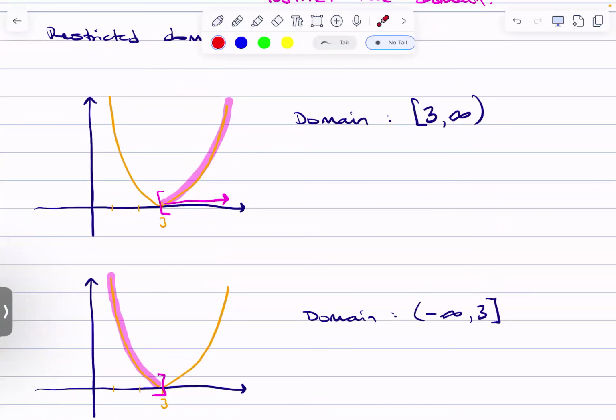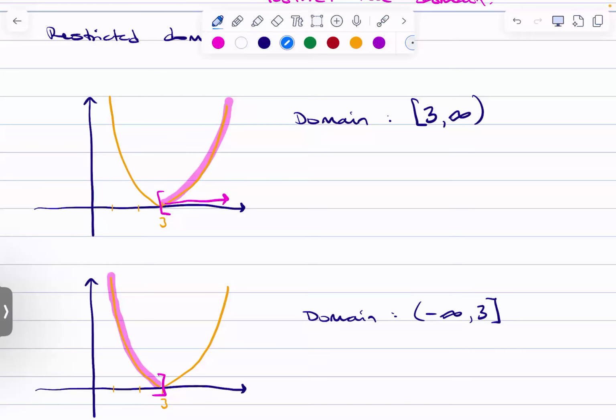Notice that these two domains are the largest possible domains where I have a one-to-one function. Okay? And that's usually what we're striving for, kind of the largest possible domain.